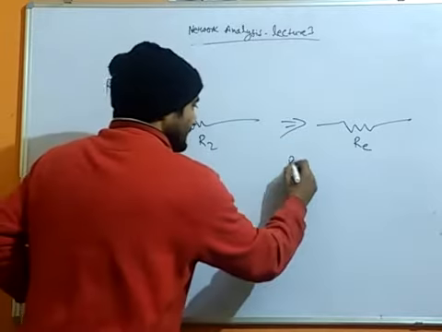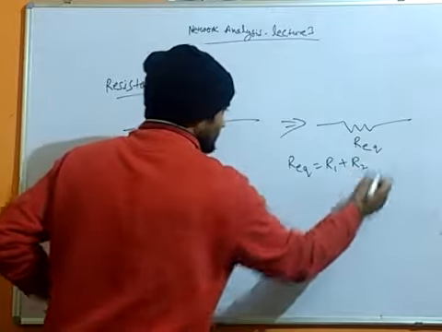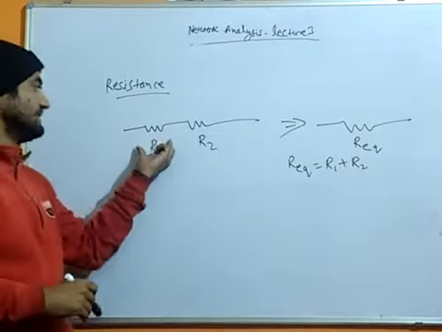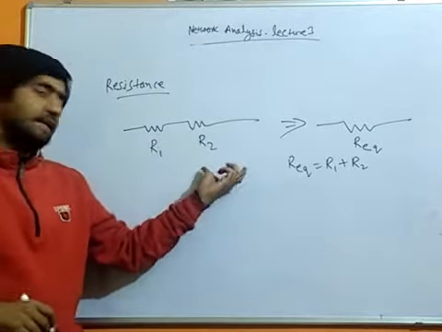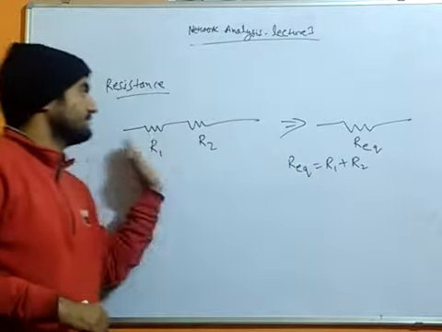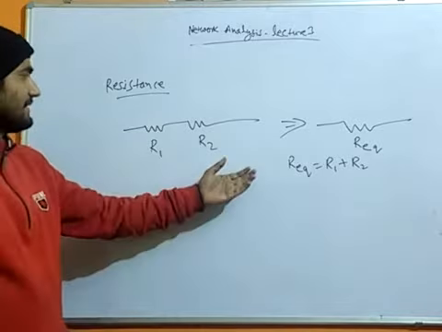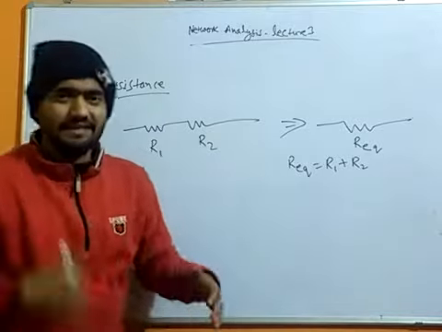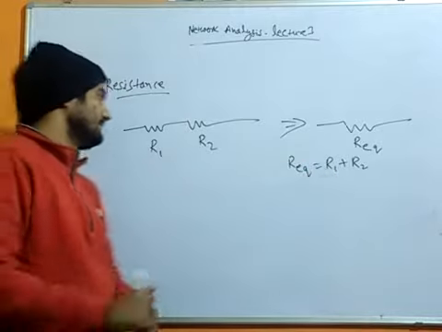R equivalent will be R1 plus R2. So if there are two or more resistances in series, the equivalent resistance is given by the summation of all of them. It can be derived with Ohm's law, but I am not going into the derivation. We all just know this formula, so note it down.